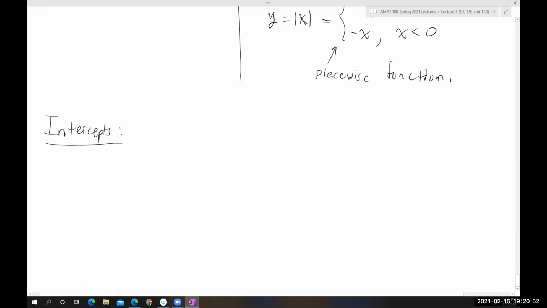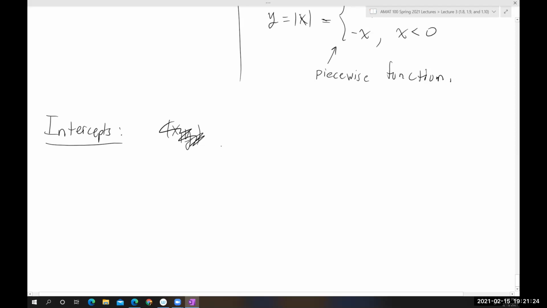So the intercepts are basically where the graph crosses the axes, the x or the y. I guess the book says it the best way. I won't try to figure out a different way of saying it.